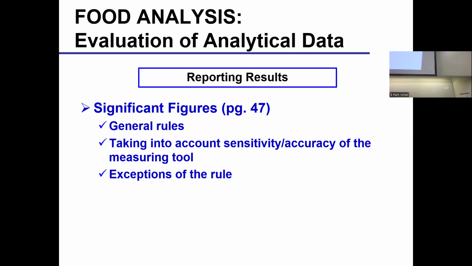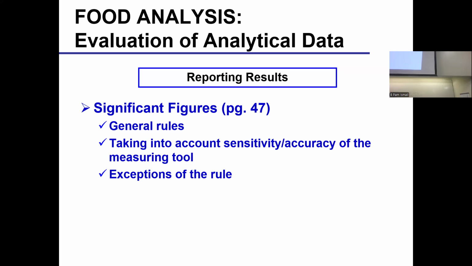So you're adding x1 plus x2 plus x3 plus x4, 5, 6, and then you divide by 6. You don't take that into account in terms of the significant figures. You only apply the addition rule and how many significant figures you have in the top. Good question.